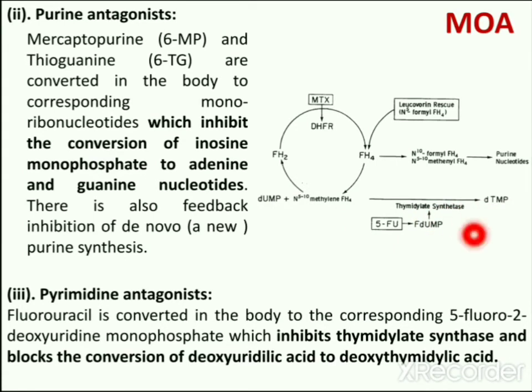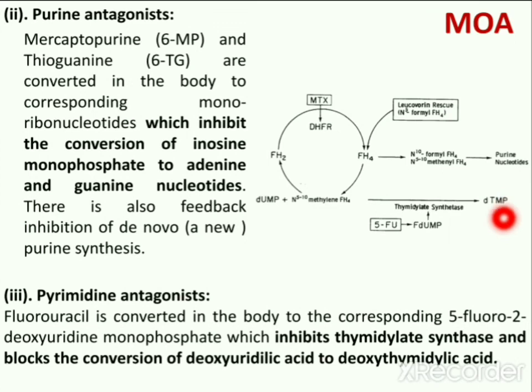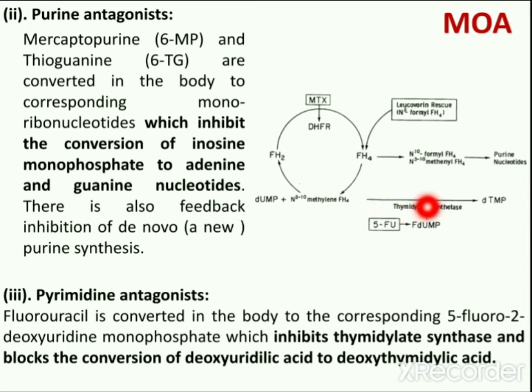This deoxythymidylic acid is also known as thymidine monophosphate, and it is denoted by dTMP. It is a nucleotide that is used as a monomer in DNA. Inhibition of this conversion leads to selective failure of DNA synthesis.